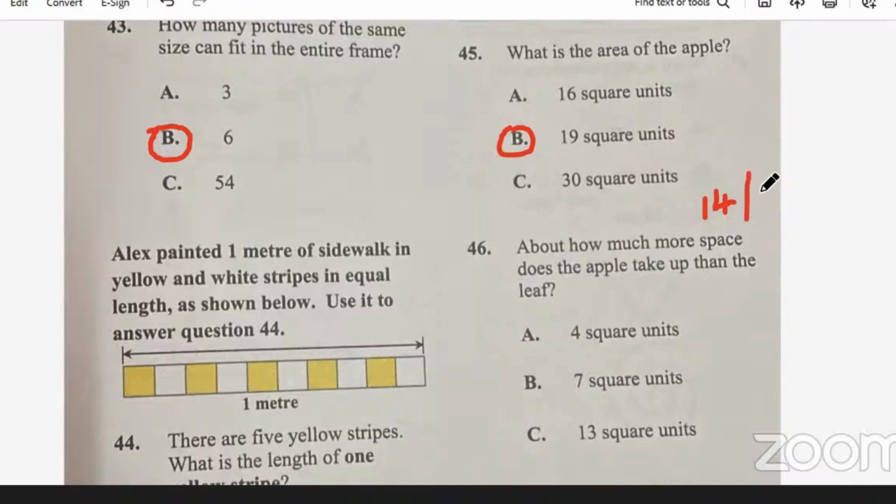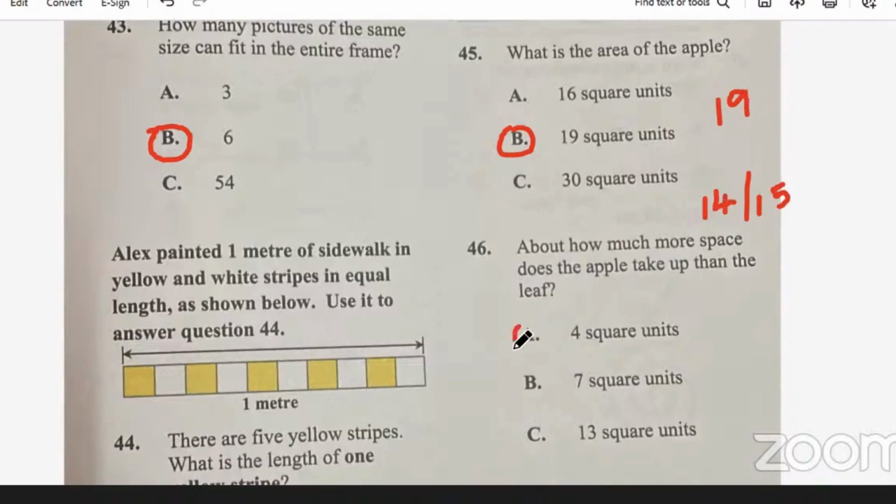So in terms of the difference there, what do you see as a possible answer? Would it have been 13? No, there's not a difference of 13. Would it have been 7? Since we said that the apple is 19, 19 minus 15 would be 4, 19 minus 14 would have been 5, so around 4 or 5.